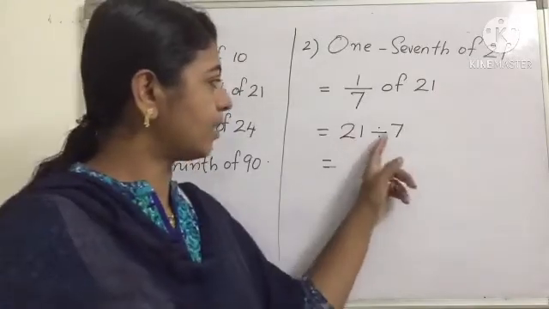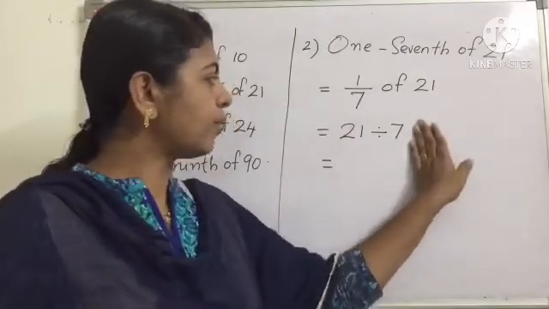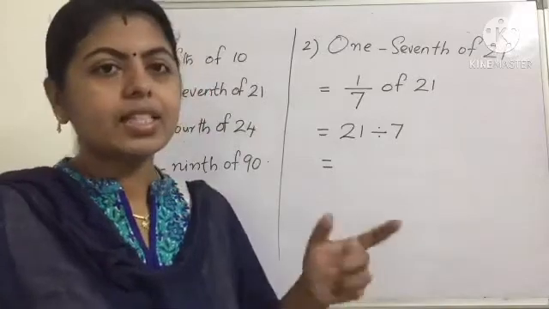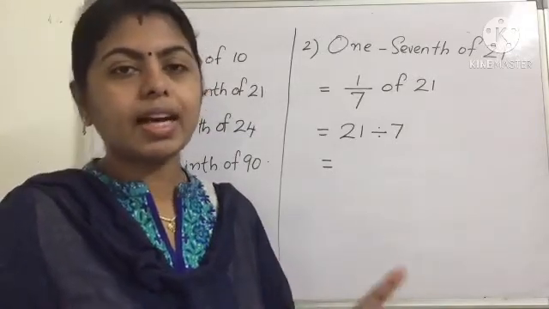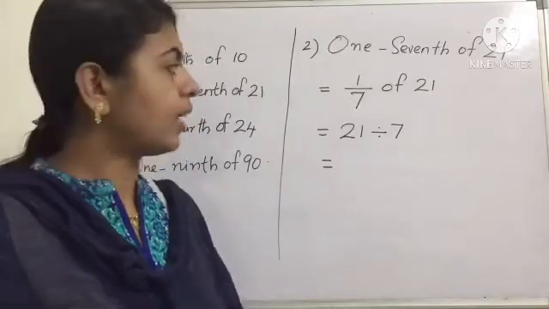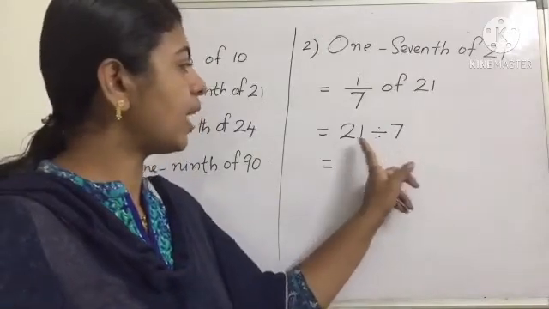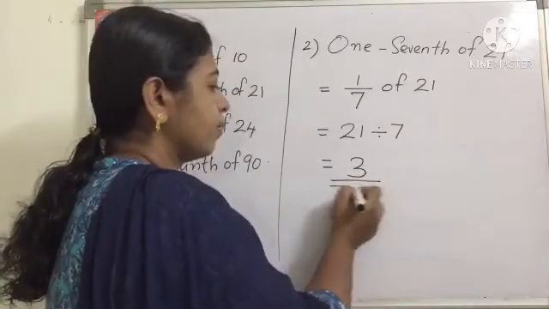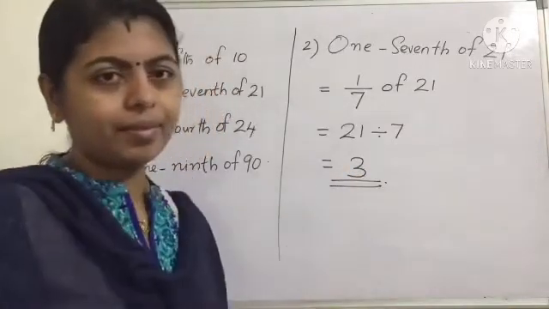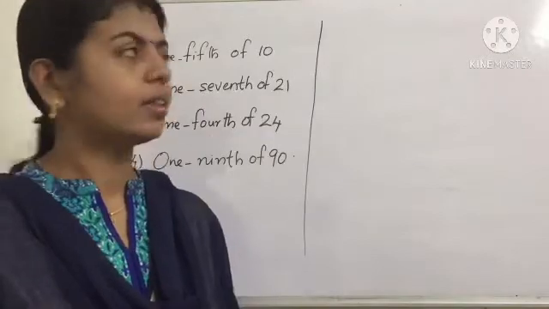What is the answer? We want to go through the multiplication table of 7. 7 ones are 7, 7 twos are 14, 7 threes are 21. So the answer is 3. Clear? Now we can go to the third question.